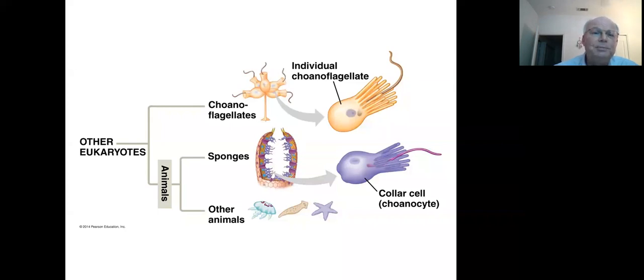So they are considered to be a sister clade to the animal clade, and to diverge from the population of ancestral cells out of which would emerge the common ancestor of all animals, and would also emerge the ancestor of the choanoflagellates. So they're closely tied together.